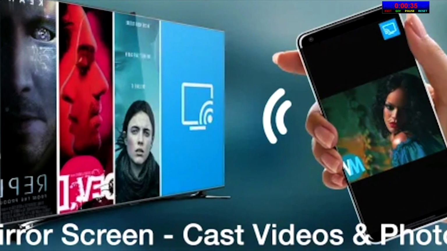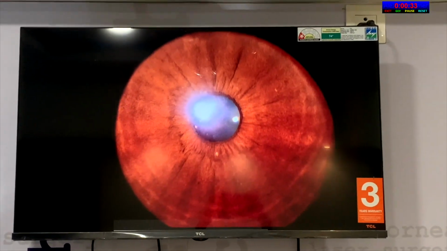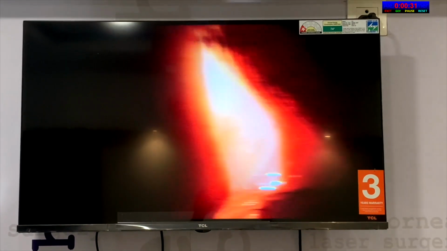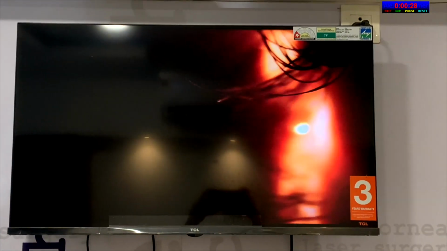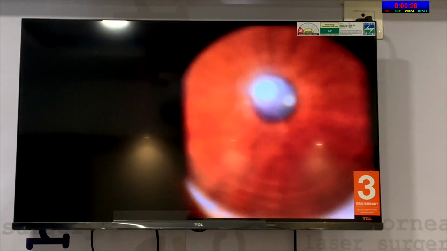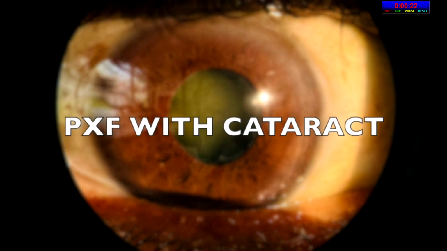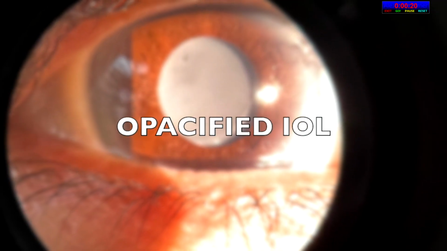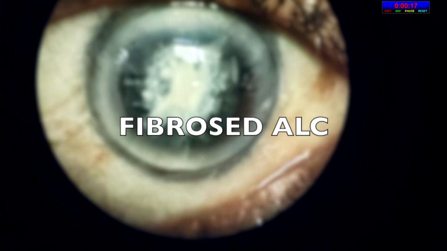Using any screen mirror application, the video can also be displayed on a television, helping the patient and the relative understand the condition better. Here are some of the images that we have captured in the last few months.